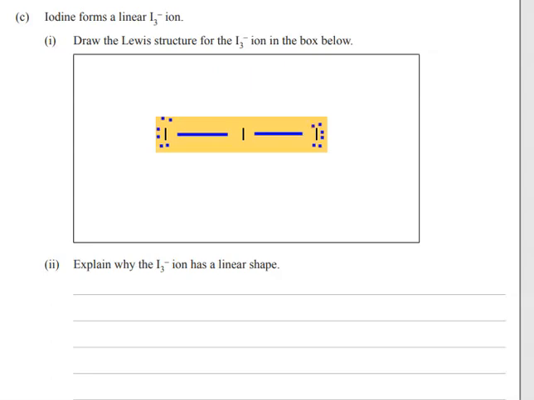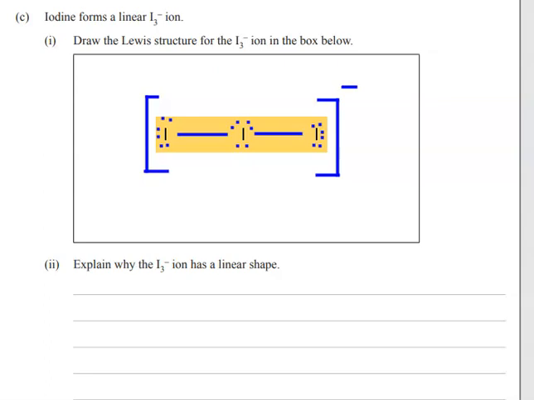So we're going to have to put the last 6 in the central atom. 13, 14, 15, 16, 17, 18. Because it is an ion, we need to put it in square brackets with the negative charge. So there's our Lewis diagram.